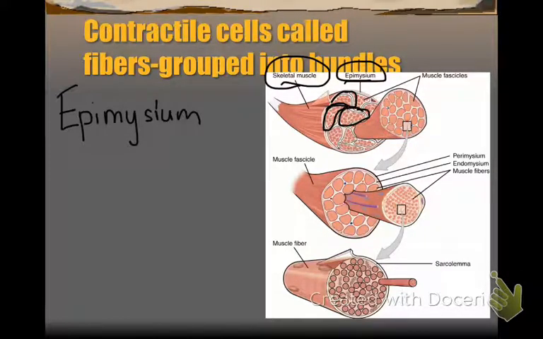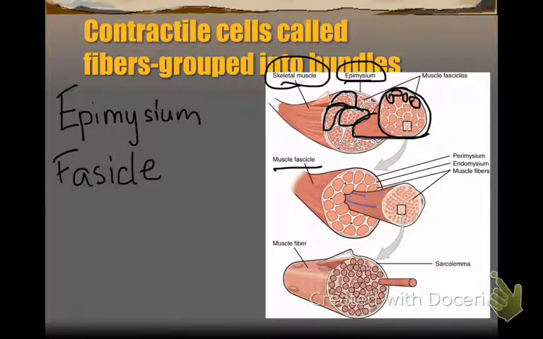And within each one of those bundles, there are bundles within bundles. So if we pull one of these bundles out and we look at it, this is called a muscle fascicle. One of those bundles is called a muscle fascicle.